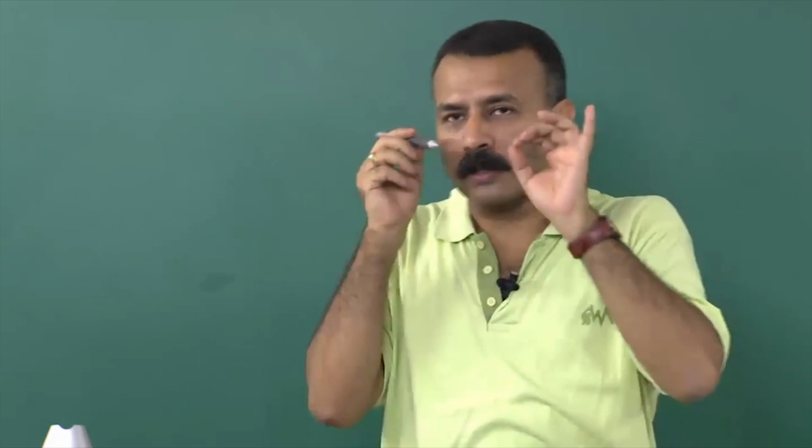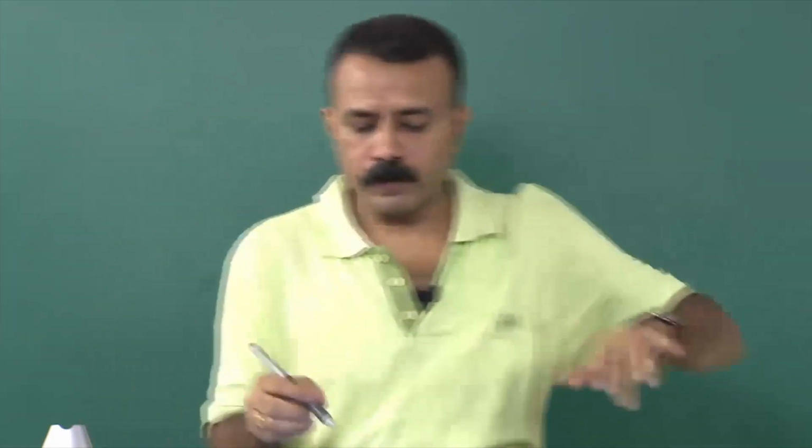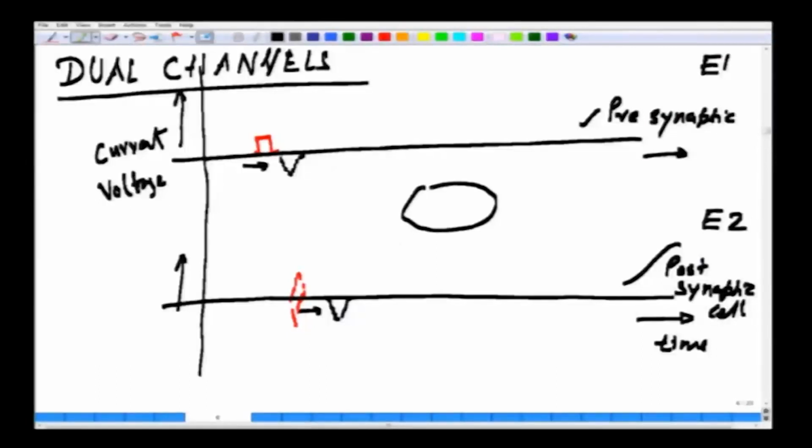The problem is the dimension of the cell, because you are handling an area of say 30 micron diameter, and within 30 microns it's really challenging to put 4 electrodes like this. 2 itself is a challenge, 4 is even more challenging. Some people can do it, they are really very good at it, but not very many can. So, there is a physical challenge involved here.